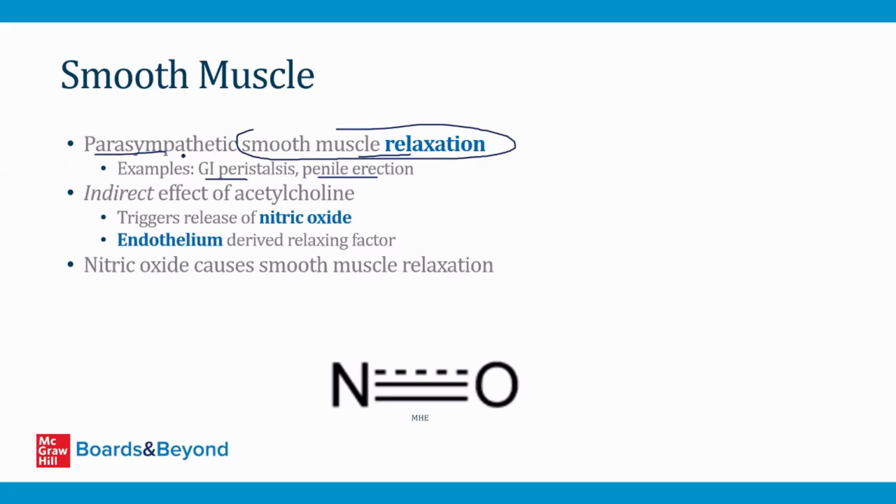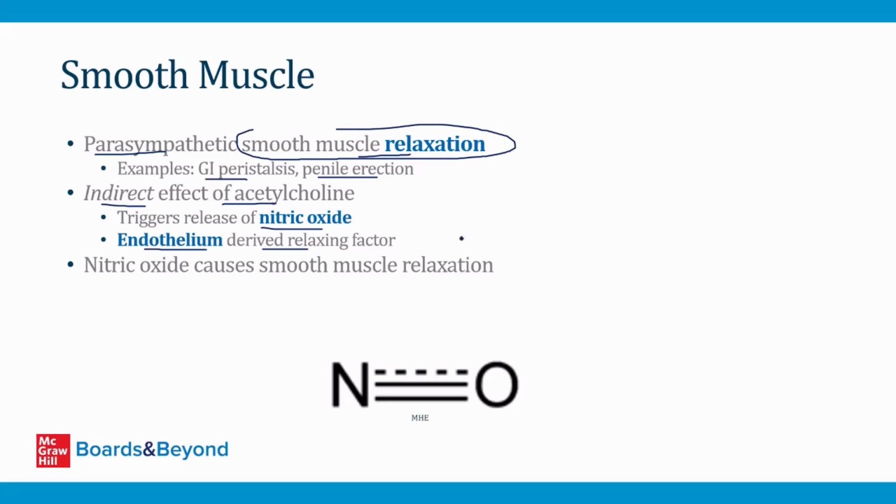What's unique about smooth muscle relaxation related to the parasympathetic system is that it's an indirect effect of acetylcholine. What acetylcholine does to cause smooth muscle relaxation is it triggers the release of nitric oxide. Nitric oxide is also called endothelium-derived relaxing factor because it's produced by endothelial cells lining blood vessels.